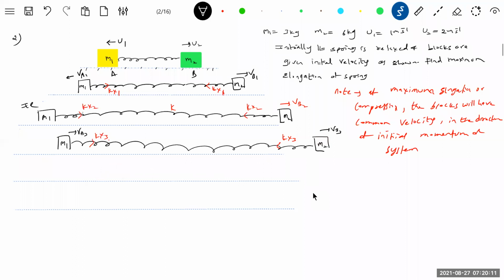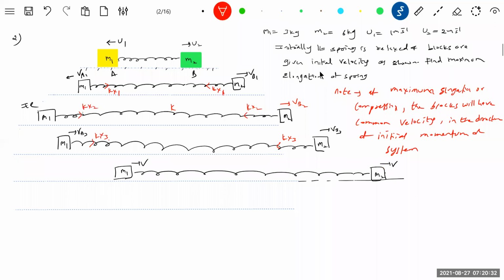It need not be at the initial position, somewhere here we'll put it. Both will have common velocity. So this will be the maximum elongation.